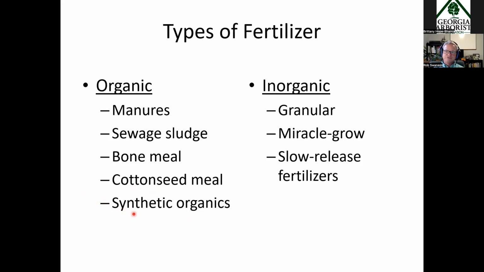Some examples of synthetic organics would be urea formaldehyde, where they take a urea molecule and bind it onto a giant carbon string, which we call a polymer. It's something that's man-made, but it's on this carbon infrastructure, so that makes it an organic compound. And these are broken down by soil microorganisms.